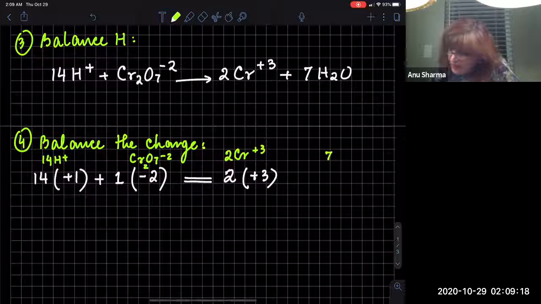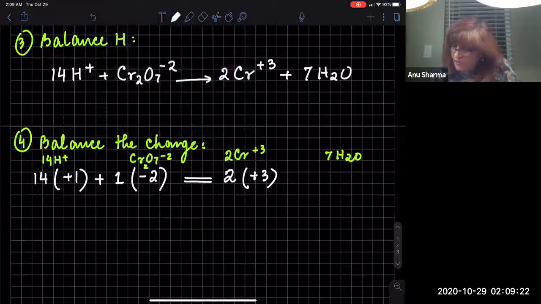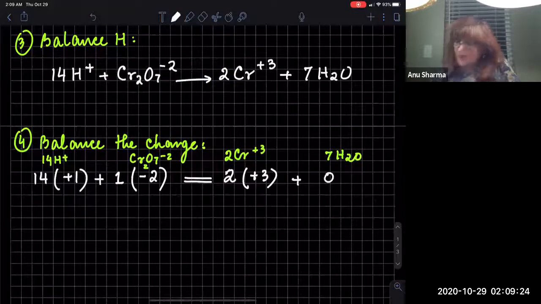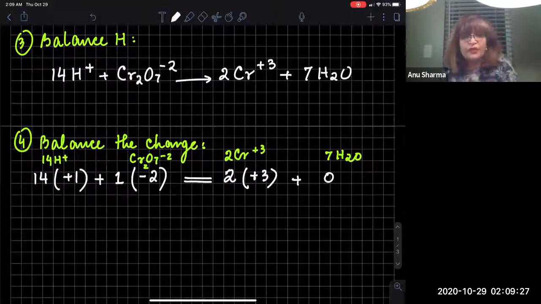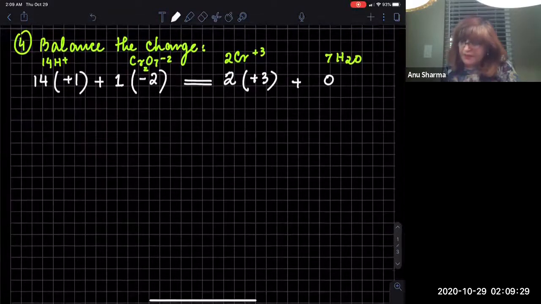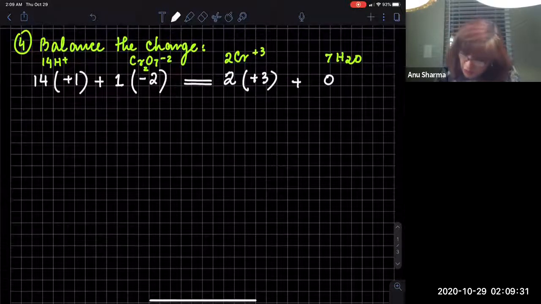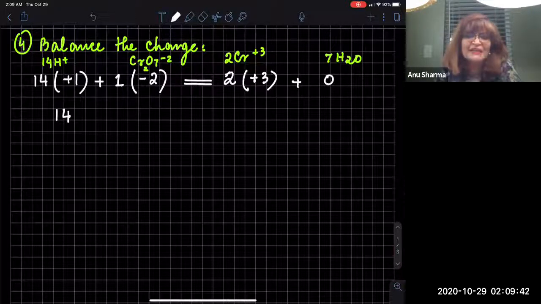And then there is 7 H2O, and regardless of how many H2Os you have, it's a neutral molecule, so it is going to be 0. So this is how you write down the charges, the plus and the negative. Then you count the total. So here is your 14 positive, plus this is going to be minus 2.